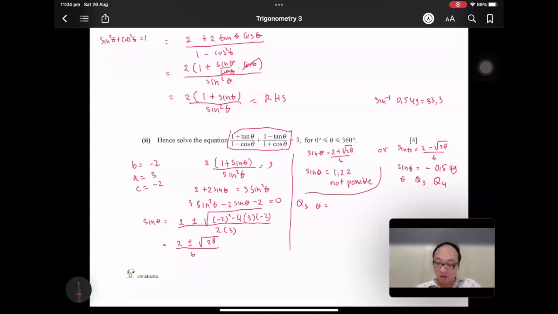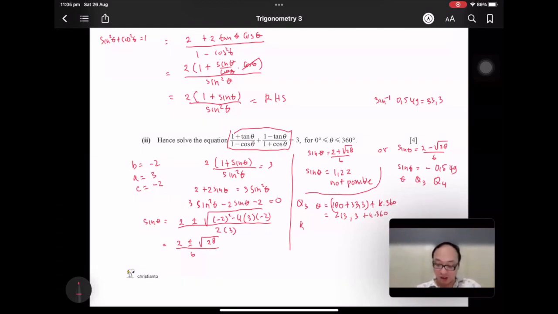So on the third quadrant, that means 180 plus 33.3, plus the period of 360. So equals 213.3 plus k times 360.